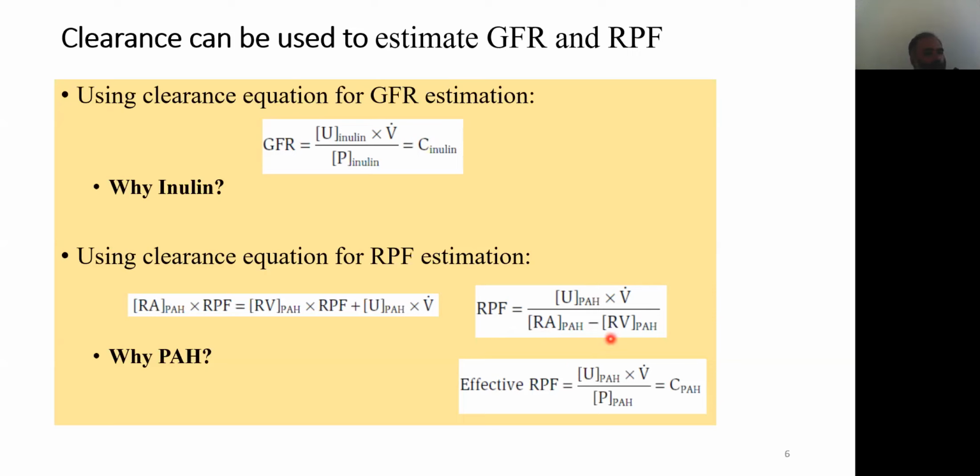So that's one thing. Okay. But what will happen with the renal vein? The sampling issue and all that sort of stuff.